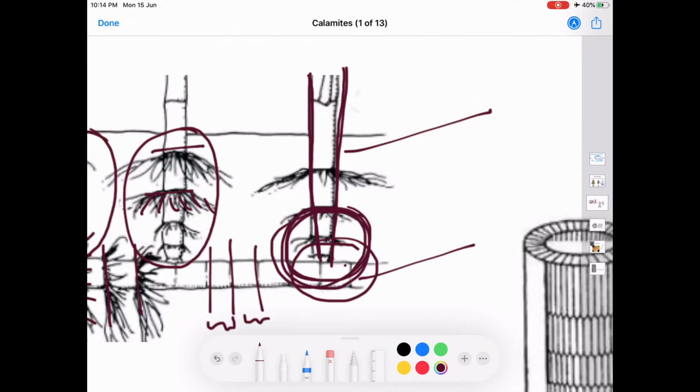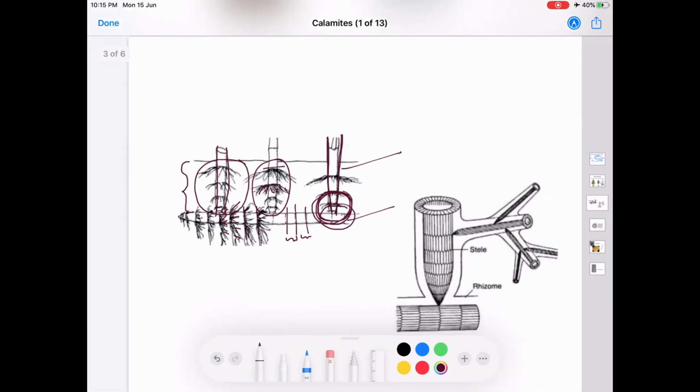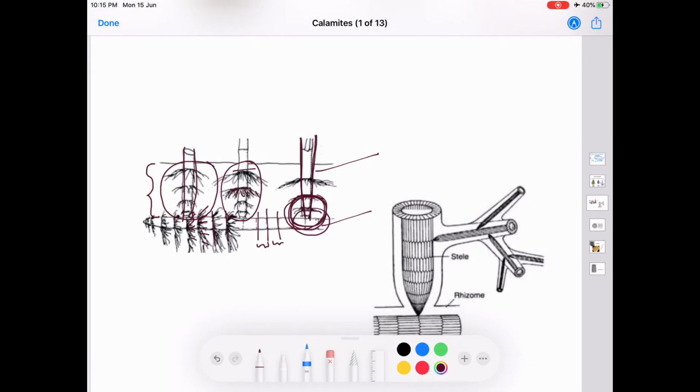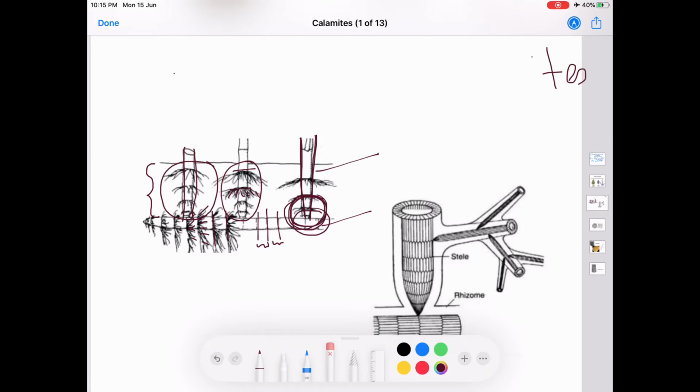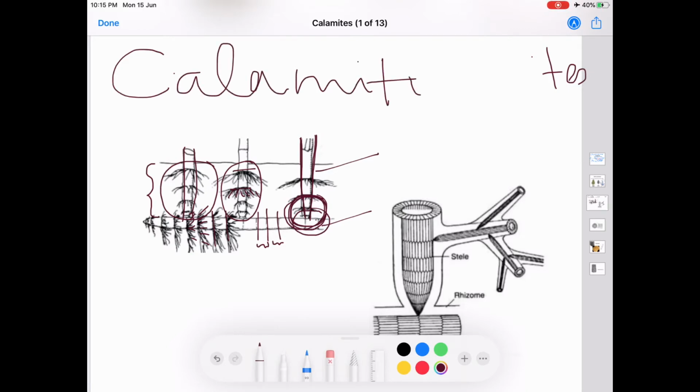Calamites is much branched, and based on the branching there are three different types of trees. The first one is Stylocalamites. In this, the branches are few in number and scattered. The second one is Calamitina.